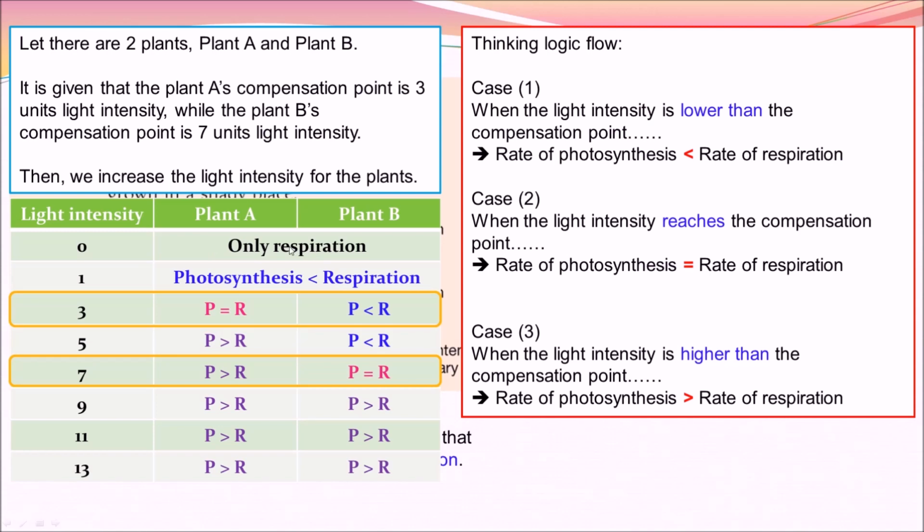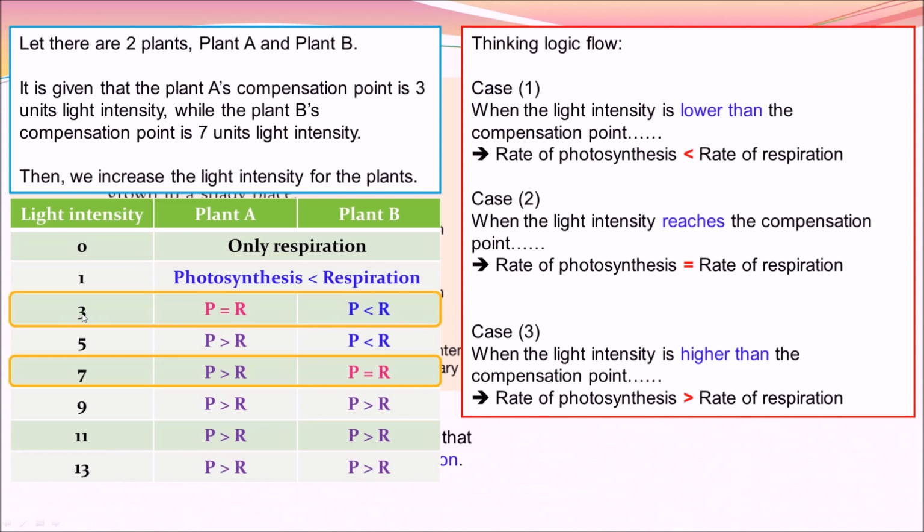Resp is faster than photo. And then at light intensity 1, the plants start doing photosynthesis, but the rate is lower than the respiration. Okay, and then at 3 units of light intensity, plant A reaches the compensation point, so P is equal to R: photosynthesis is equal to the rate of respiration.